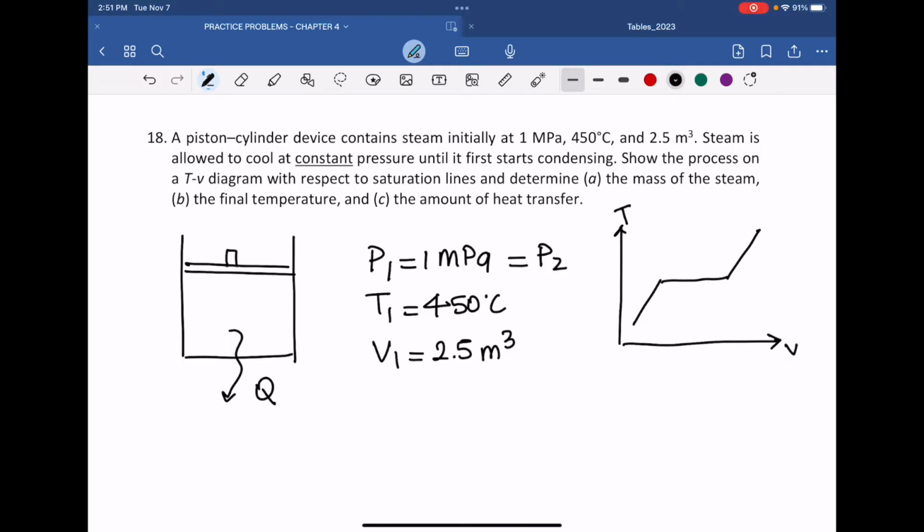We have superheated in this region, and the first point that it starts condensing is when we have a saturated vapor. So that means that first we had steam, but then at second state we have a saturated vapor.